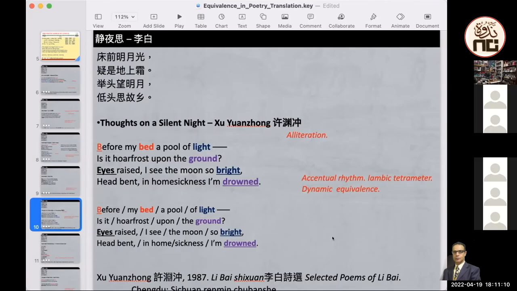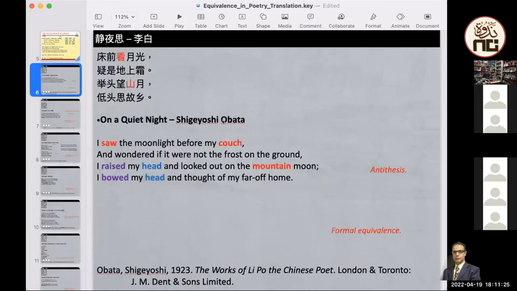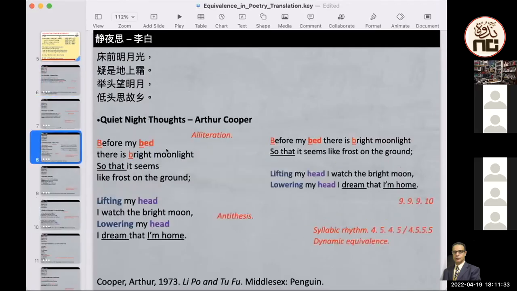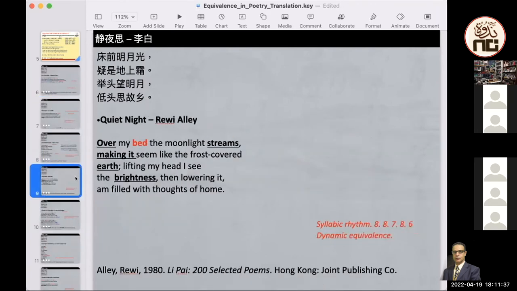Do you notice something in this translation? This is the first poem that has end rhyme, right? All the other versions, none of them has end rhyme, none. Couch, ground, moon, home, no end rhyme. Couch, ground, moon, land, no end rhyme. Bed, moonlight, seams, ground, head, no end rhyme.